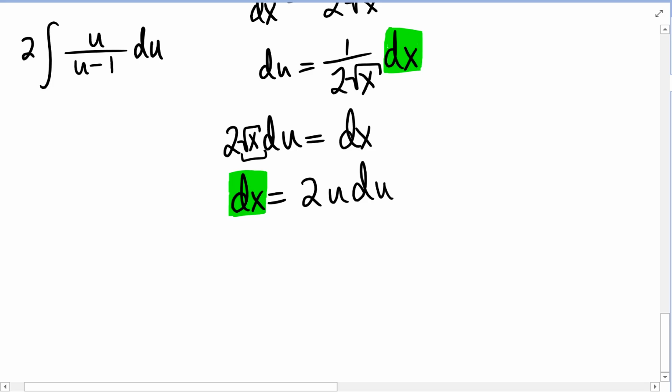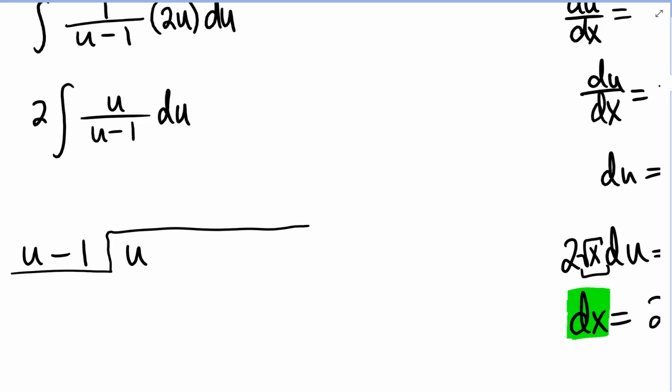Wait, I can't integrate this. But remember, we learned a rule earlier that if the degree of the numerator is greater than or equal to the degree of the denominator, then we need to do some long division in order to split this up, and then it'll be much easier to integrate. So I'm dividing the numerator by the denominator.